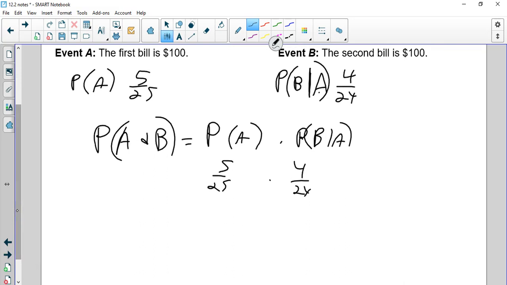When you do that and reduce it, that equals 1 out of 30, or 0.033, or 3.3%. So a very small chance of getting two $100 bills in a row.